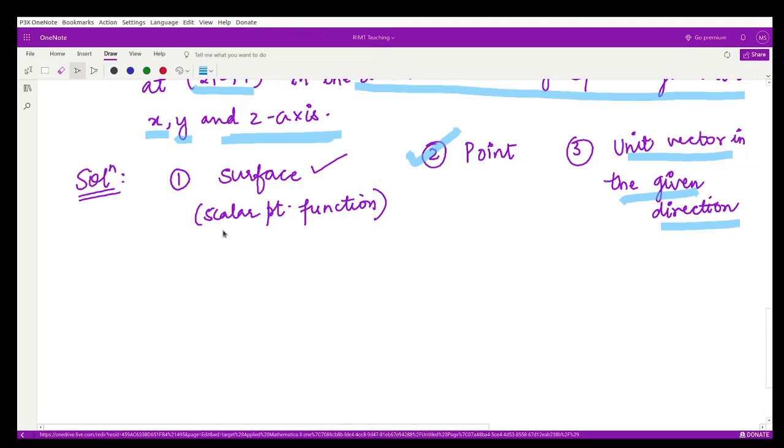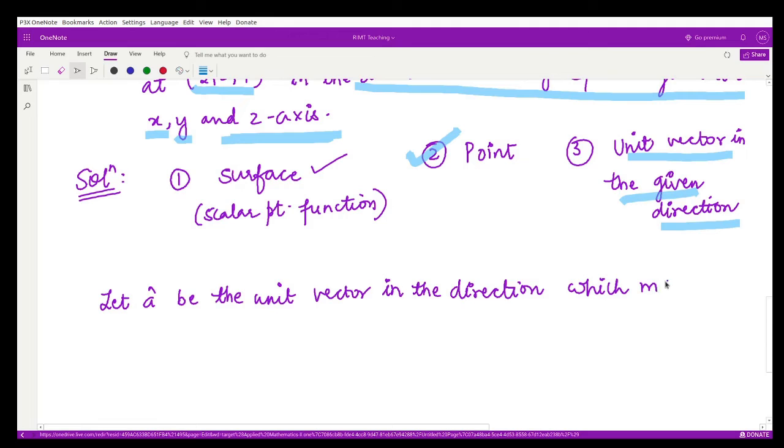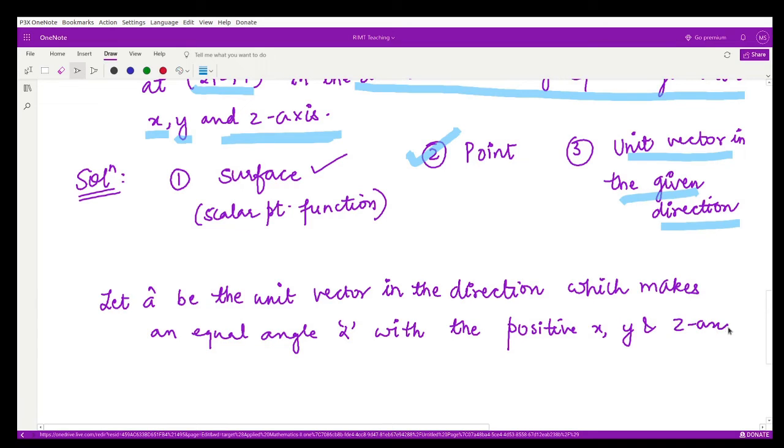Okay. So here, in order to determine that, let a cap be the unit vector in the direction which makes an equal angle alpha with the positive x, y and z axis.